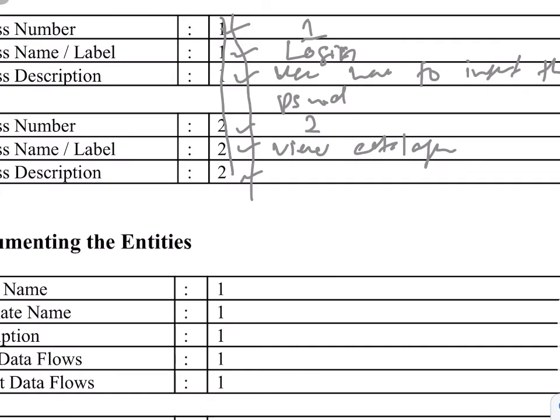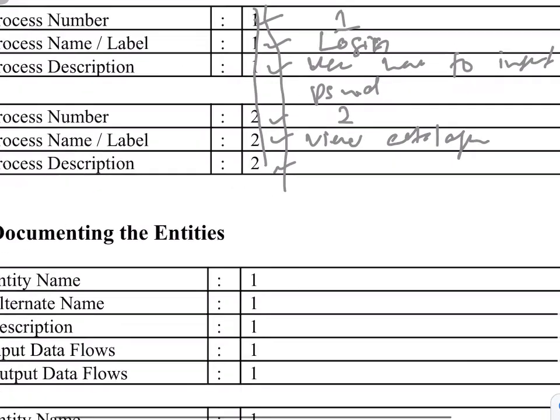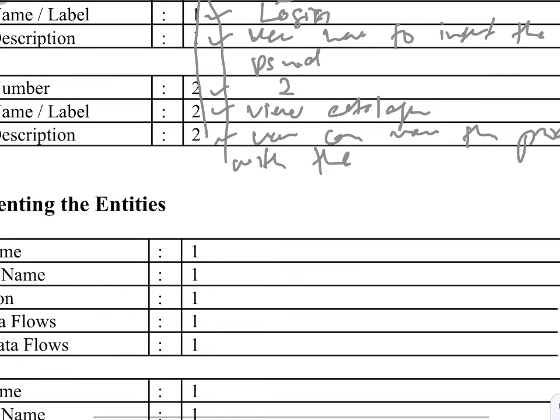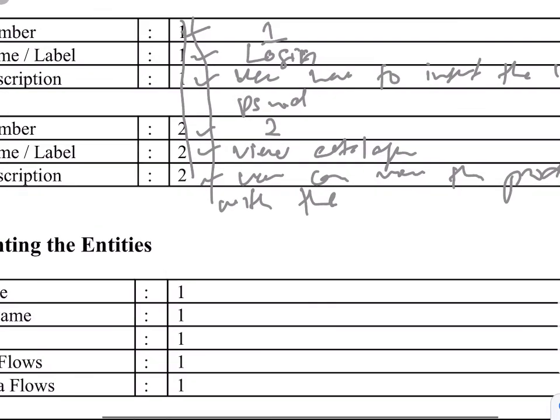So view catalog. So, dekat description, user can view the product. For example, the product with the current stock availability and also the price. So, boleh cakap macam tu lah. Then let's say you have 5 processes, then you have to list out up to 5 processes lah. Jangan buat 2 ni je.